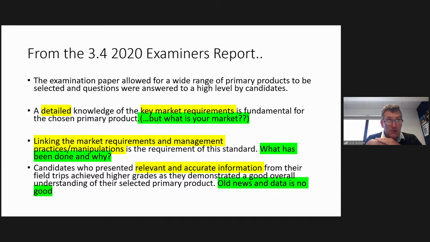Before we jump into market requirements and manipulations, it's worth pausing and thinking: what is the market for this product? Is it a local domestic market? Is it an export market? Is it a processing facility? Because from that market comes the requirements. What does that market then require or want?